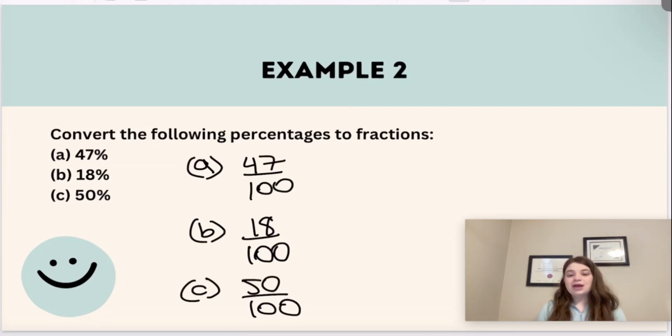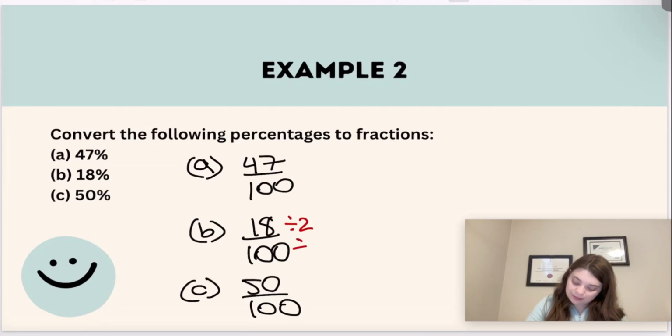Now, the only other thing we have to consider is that we might need to reduce some of these values if possible. 47 out of 100 cannot be reduced because 47 and 100 do not have any common factors other than 1. Whereas 18 and 100 can be reduced a little bit because both have a common factor of 2.